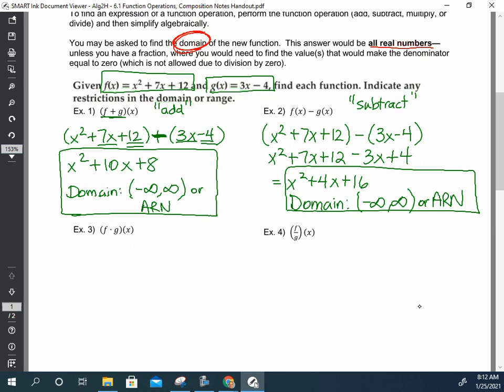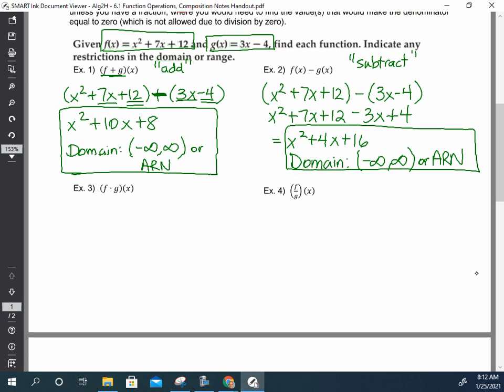Again, as I mentioned, the only problem that really doesn't have a domain of all real numbers will be division, which we're coming up to shortly. All right, multiplication.